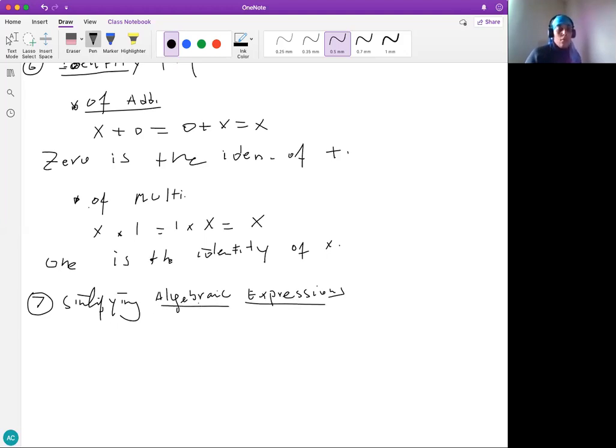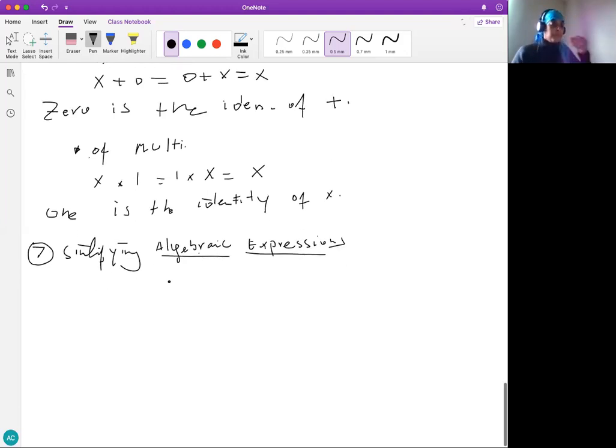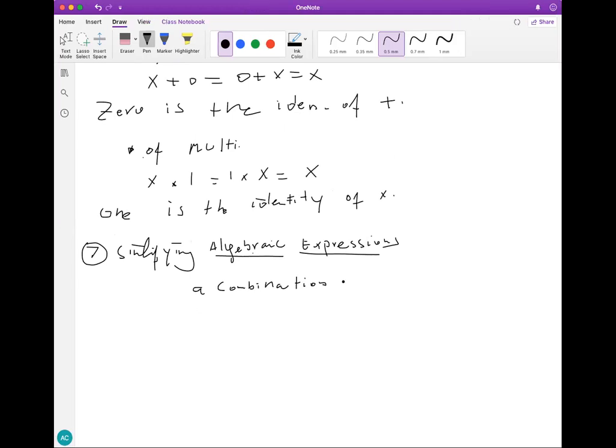It's simply a combination of what? Numbers and variables. Numbers and letters, that's right, variables.